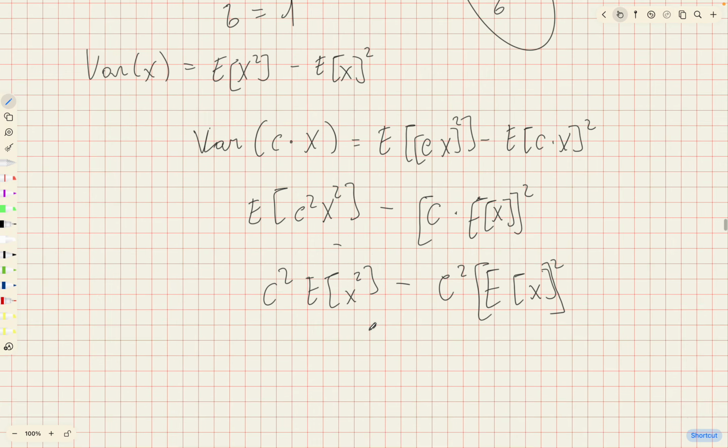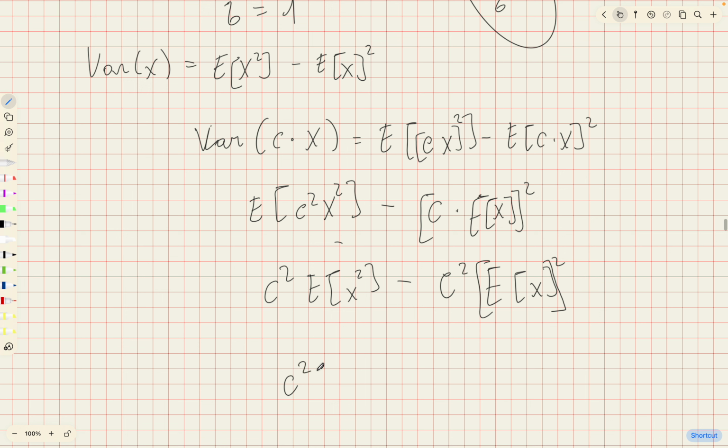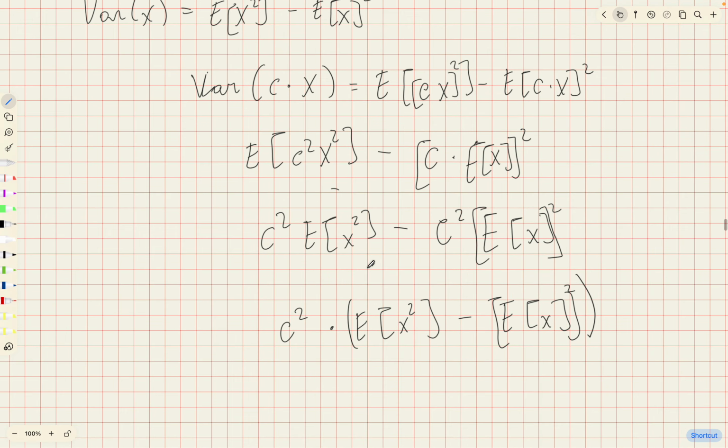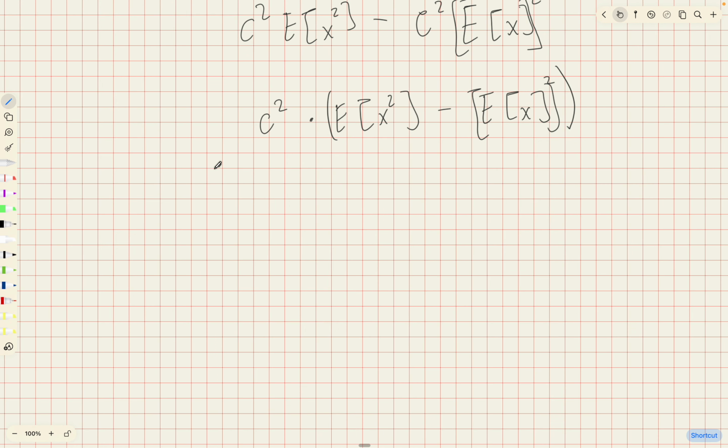Yeah, and then when we take the c squared out here, we end up with c squared multiplied by E of x squared, subtract E of x squared. So as you can see, this is variance of x.